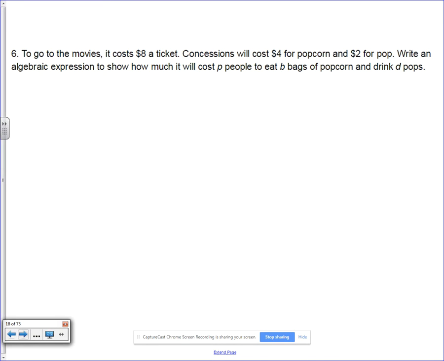How many people are going to the movies? I have no idea. What are they telling me to use? P for the number of people that are going. They're also telling me it's $8 a ticket. So how do I represent that then? 8P. Okay.